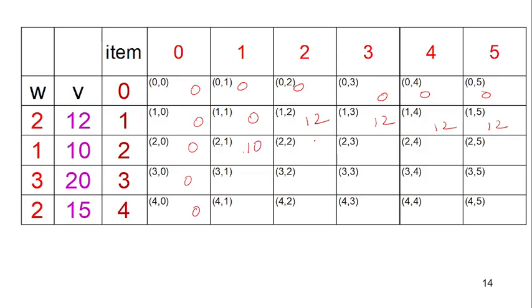And how is this 12? Consider this 12 and 3, 2 minus 1, 1. So 1, 0, 0. So here you can have 12. And here 12 and 10 plus 3 minus 1, 2. So the second one, so 22.